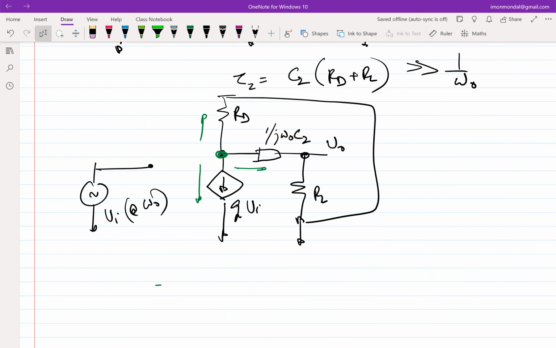Okay, so in this case, the current that is reaching this node is minus GM times VI. Then it has two ways to go. It can go either to the right or to the top. How much will go to the right? In terms of the current, let's say I have a current I. It has two ways to go, Z1 and Z2.